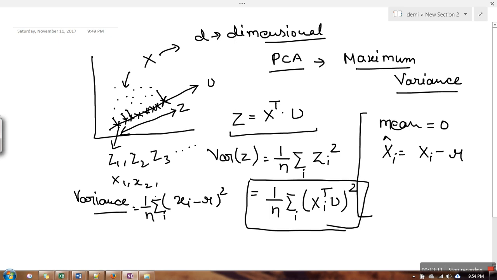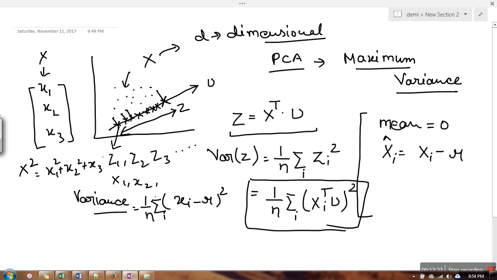Now if we have some vector, let's say x1, x2, x3, and I want to perform x square. What is x square? X square is x1 square, x2 square, x3 square.